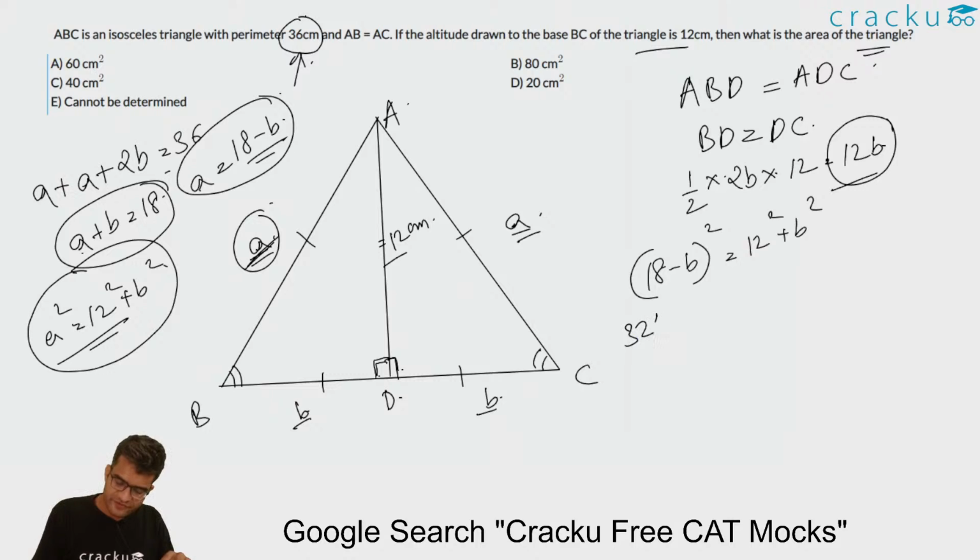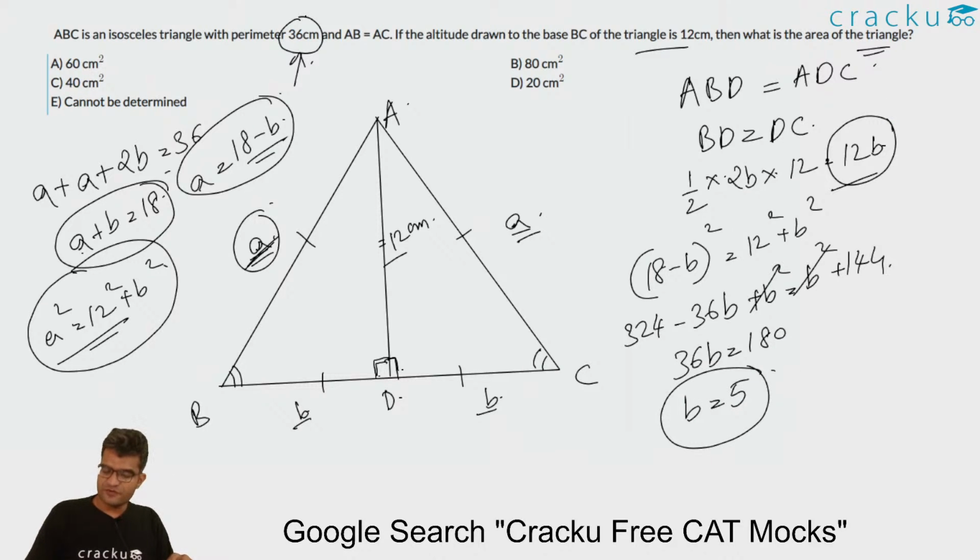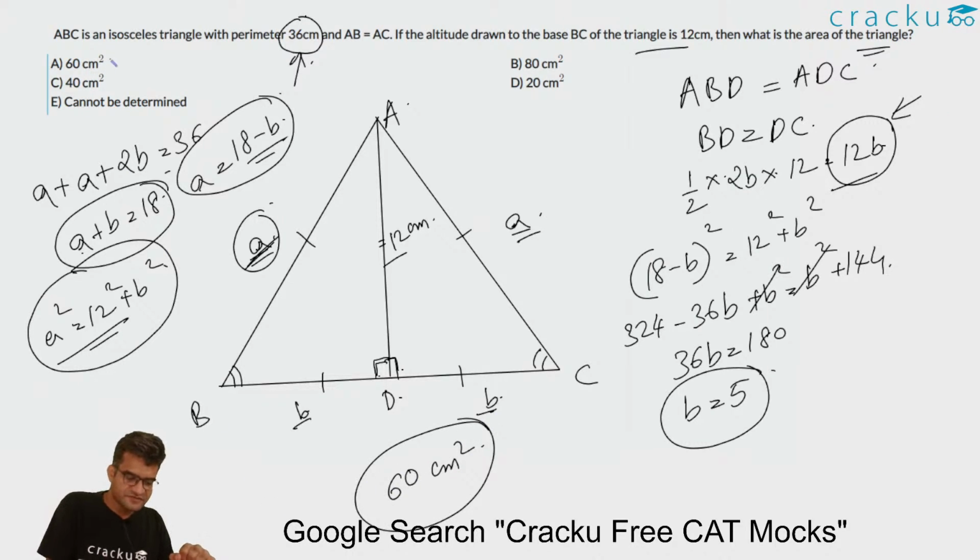This is 324 minus 36B plus B square is equal to B square plus 144. So 36B is equal to 180, and the value of B is equal to 5. The area of the triangle is 12B, which is equal to 60 centimeters square. So the answer for this question is option A, which is 60 centimeters square.